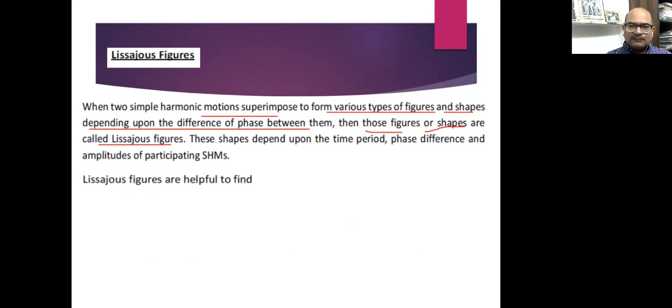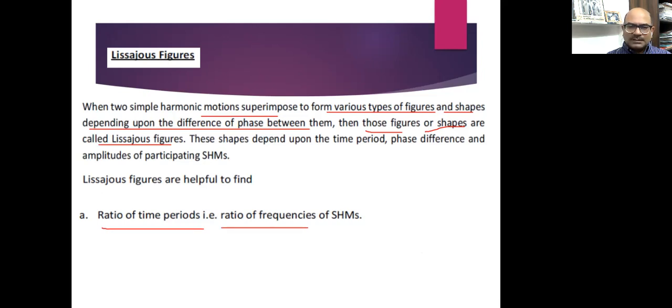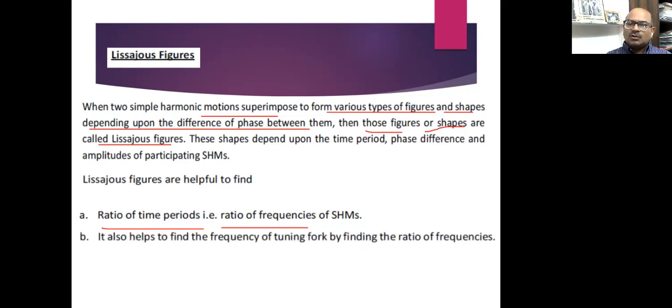Lissajous figures are helpful to find the ratio of time periods or the ratio of frequencies of SHMs. This is the main use of Lissajous figures. We can find the ratio of time periods or frequencies of two SHMs. It also helps to find the frequency of a tuning fork by finding the ratio of frequencies.